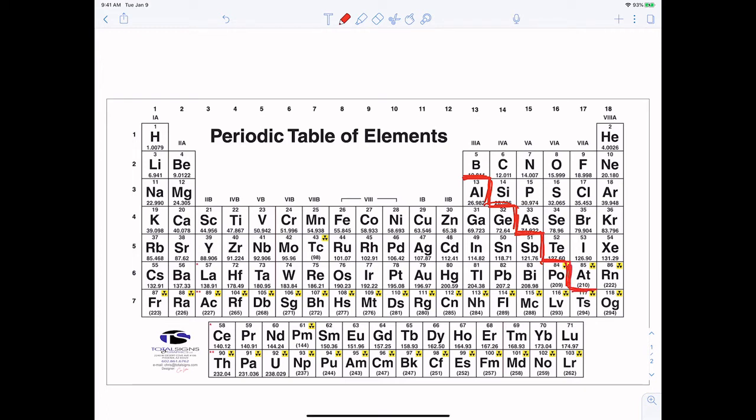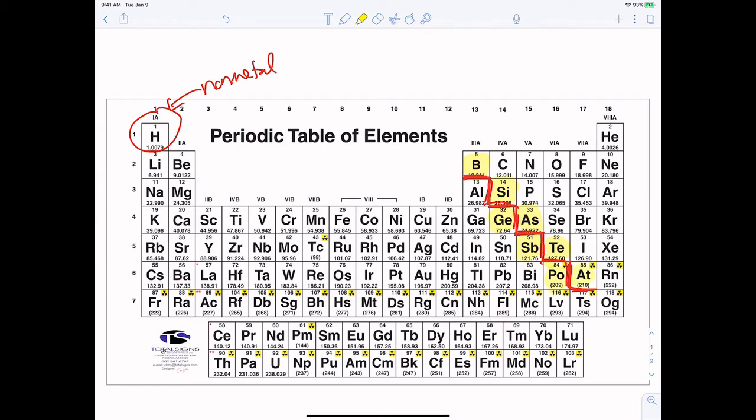So the atoms that are to the left of that, with the exception of hydrogen, hydrogen's a non-metal, are going to be metallic, right? Metal atoms. The ones to the right of that line are going to be non-metals, but you have to include hydrogen. And the ones that are along it, so they share a border, except for aluminum. Notice I skipped aluminum. These guys here are my semi-metals.